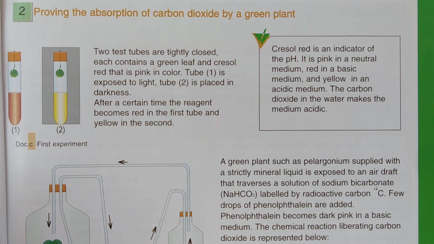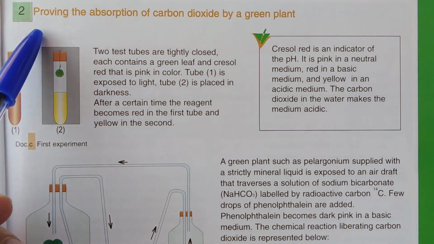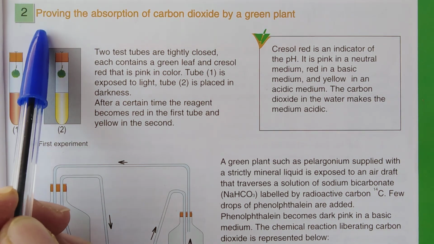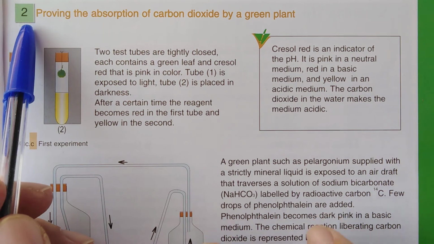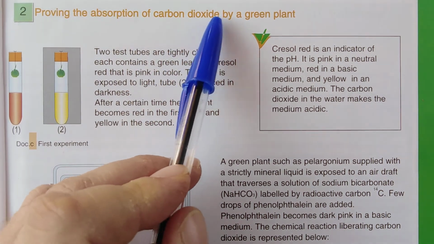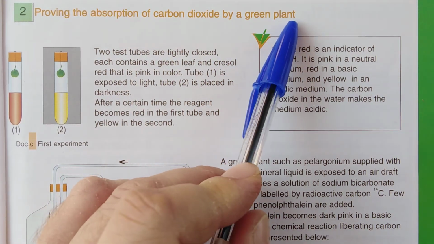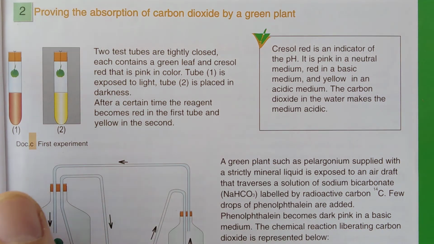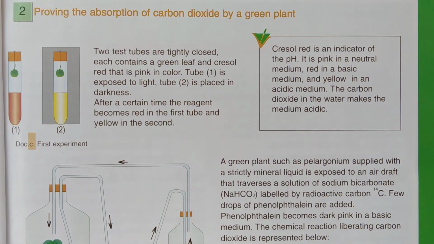Now moving back to page 25 in your textbook, the second part of the activity, this activity 4, is dealing with proving the absorption of carbon dioxide by a green plant. So by this part of the activity, we will prove that green plants are producers of carbon dioxide, and they are respiring just like us.